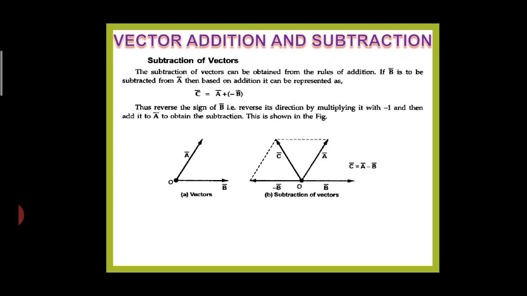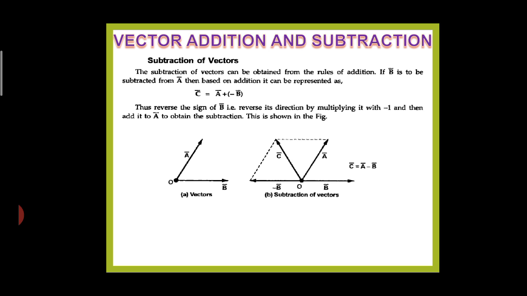Now subtraction of vectors. The subtraction of vectors can be obtained from the rules of addition. If B is to be subtracted from A bar, then based on the addition it can be represented as C bar equals A bar plus in bracket minus B. In the figure the vectors are A bar and B bar and the origin is dot O, and in subtraction of vectors B bar's opposite is minus B bar.